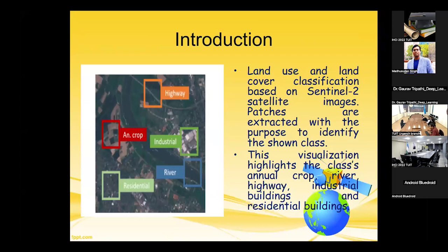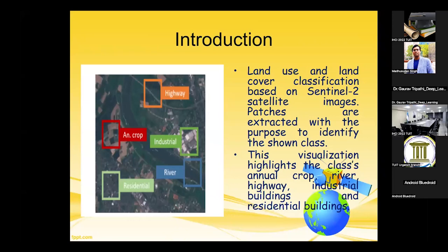Now, patches. When I talk about remote sensing images, we know they have huge sizes: 2 GB, 5 GB, 10 GB. When there is a constraint in computing power, or on edge devices, we need to break down those satellite images, and that is called tiling.